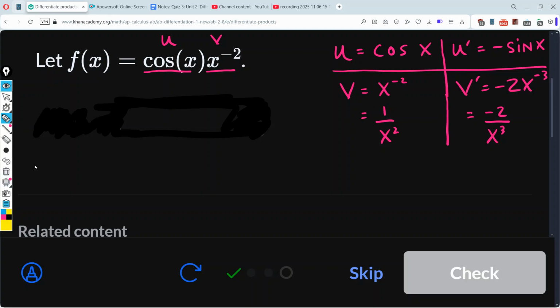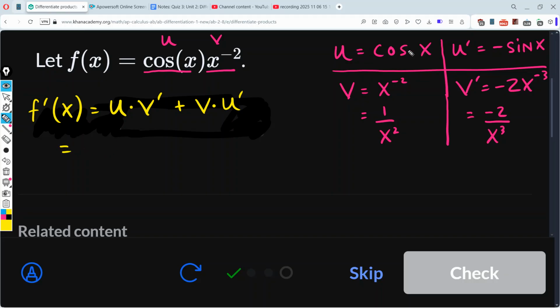All right, so let's see. f prime of x, that's going to be the first times the derivative of the second plus the second times the derivative of the first.